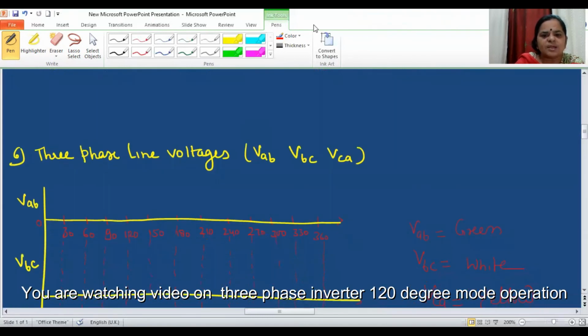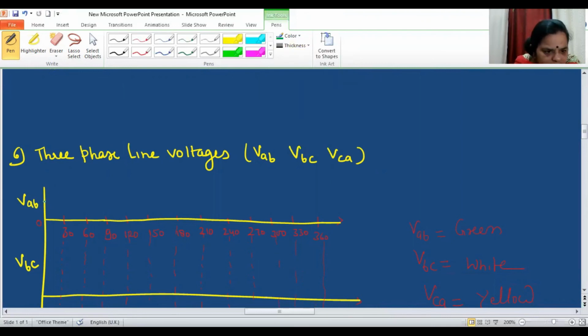VAB is starting from, let's have a green color, a little bit thicker line. So you can see it is starting from Vs. So the value is Vs. And then from 60 to 120, it is Vs by 2.